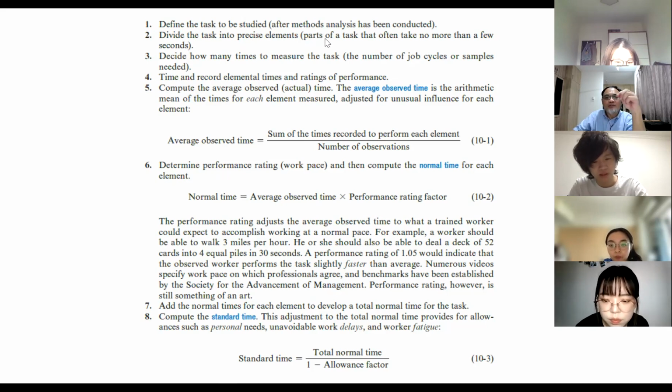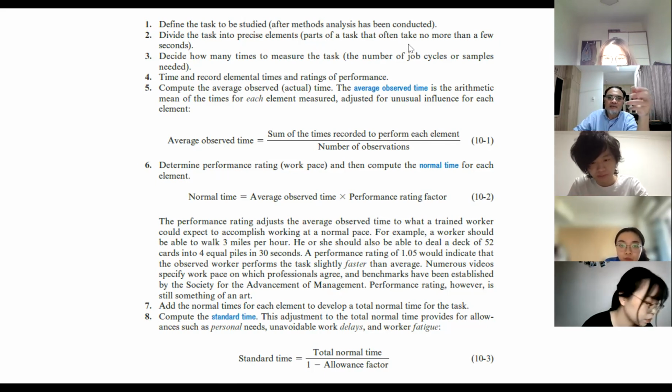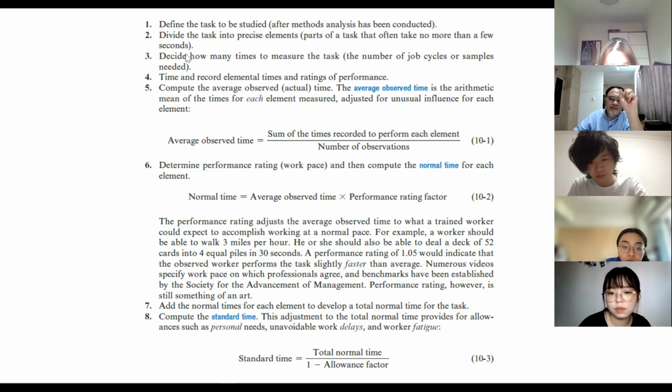That means parts of the task that you can actually take the time of, that often take no more than a few seconds. If it is too small, if it's 1 second, then you cannot take the time. You need something like 2 seconds or 5 seconds duration, then you can actually take the time. Number 3, decide how many times to measure the task. That means the job cycles, the samples needed.